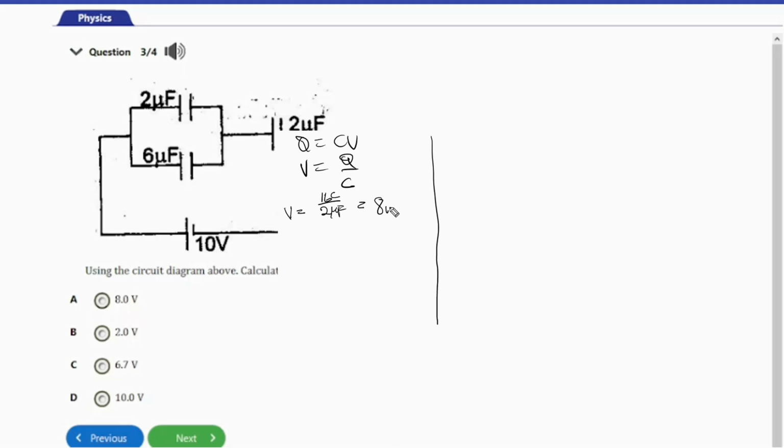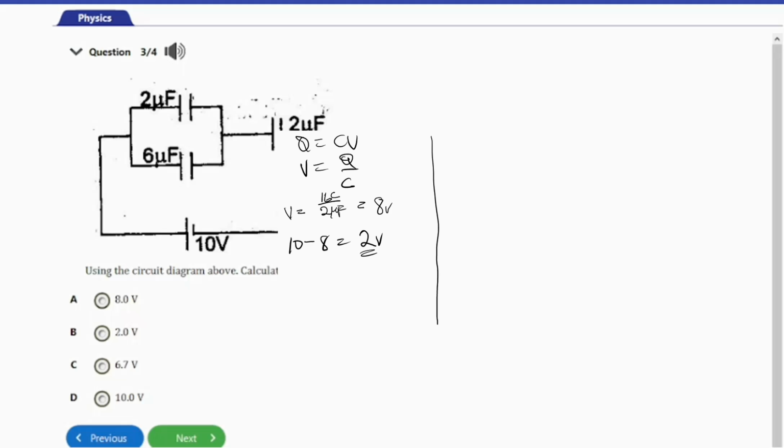So if we have 8 volts running across here, it means that the potential difference across the capacitors in parallel will be the total potential difference minus the 8 volts you have here. So that will give us 10 volts minus 8 volts, and that's 2 volts. So option B is the answer to this question, guys.